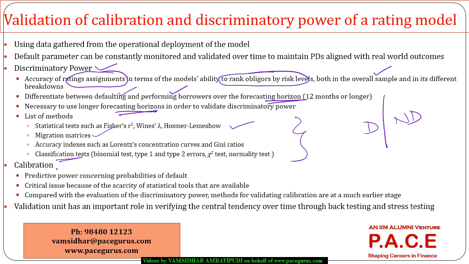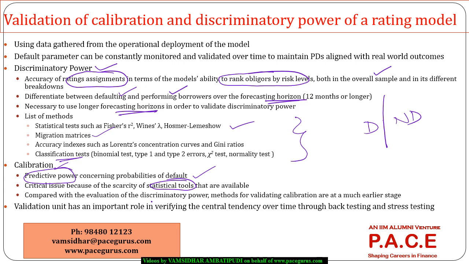Whereas when I am using the word calibration, I am more interested in the predictive power of the model in terms of computing the probability of default. Right? When I am saying calibration of the model, my intention is to compute the probability of default and to what extent the models are comfortable in predicting it. Here, the biggest problem is that the statistical tools available are not that excellent in doing this kind of prediction.